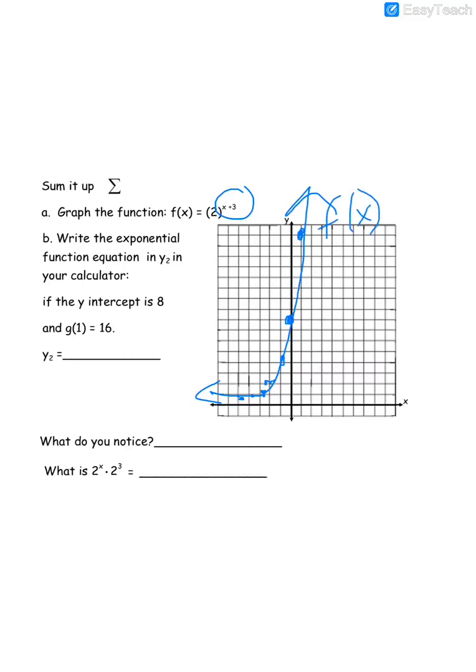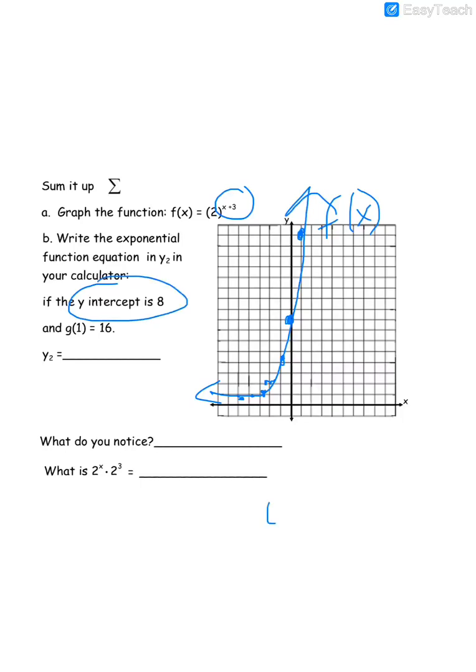Okay, it says write the exponential function in y2 in your calculator. It says if the y-intercept is 8 and g of 1 equals 16. So the y-intercept is 8.